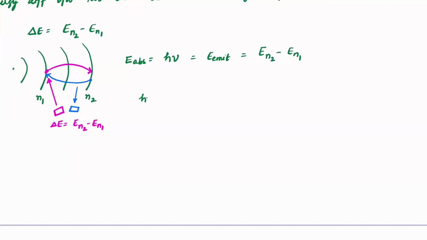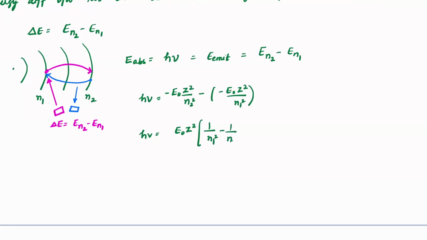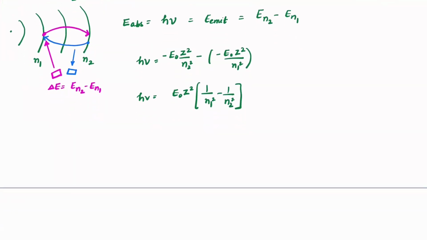So I can say that h nu is equal to minus E naught Z square by n2 square minus of minus E naught Z square by n1 square. If I take E naught Z square common, I will get 1 by n1 square minus 1 by n2 square. This is the equation that you will get.